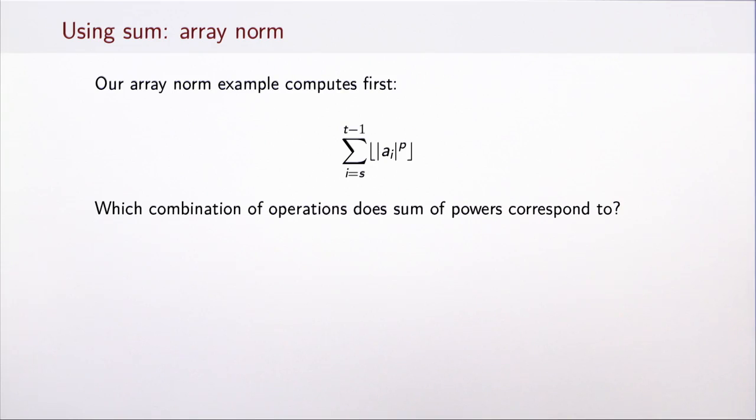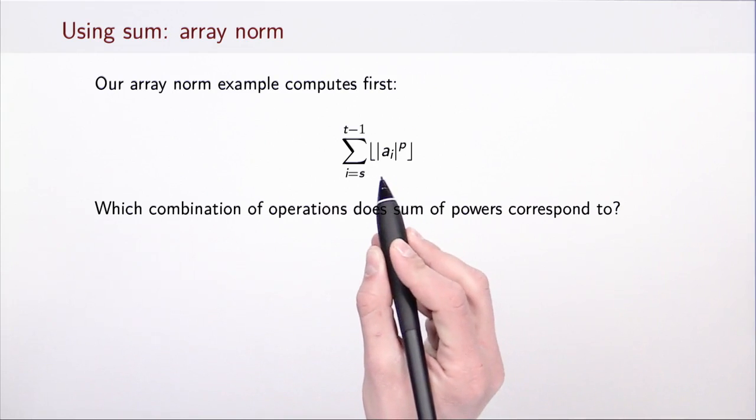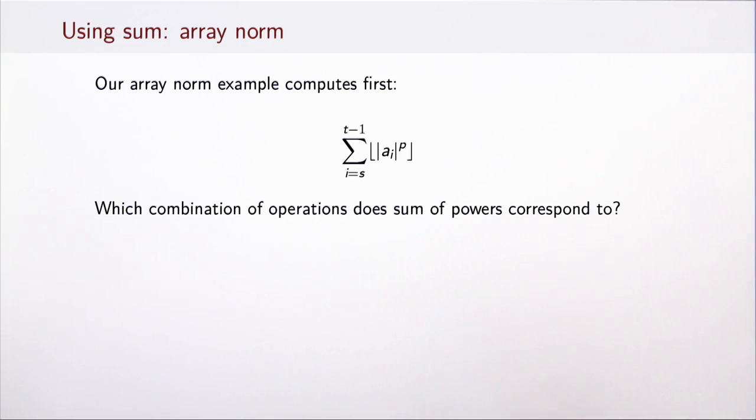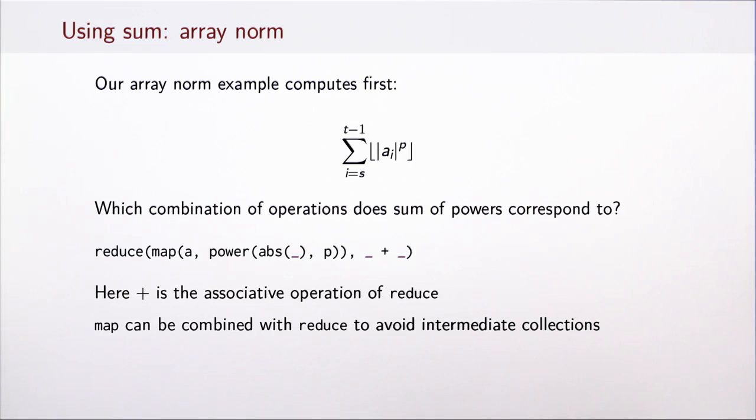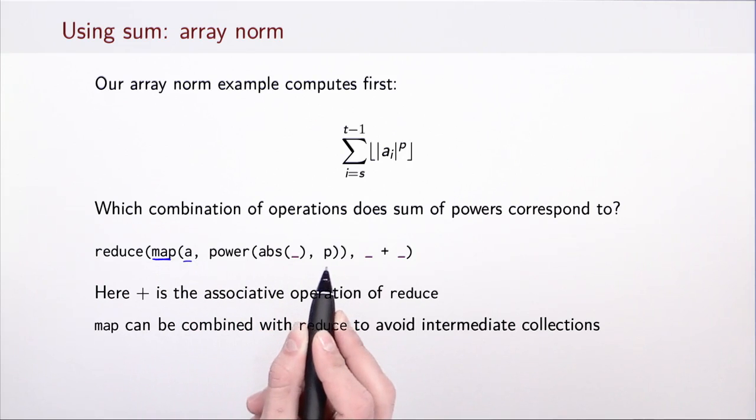As one of our first examples, we have used array norm that computes the sum of array elements raised to the power p. Which combination of operations does this expression correspond to, now that we have seen operations such as map and reduce? We can express the value of the above expression as taking the array A, then doing map on this array with the operation that takes the absolute value and then raises it to power p.